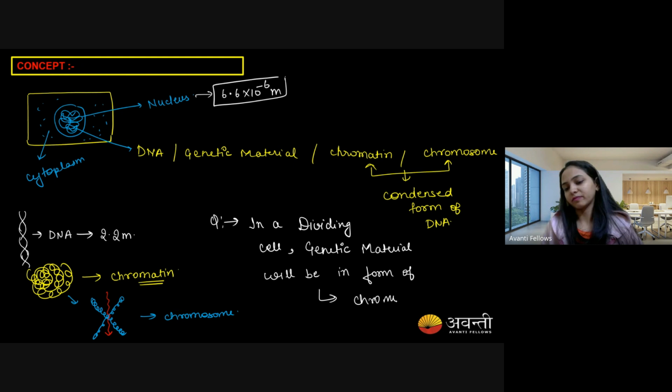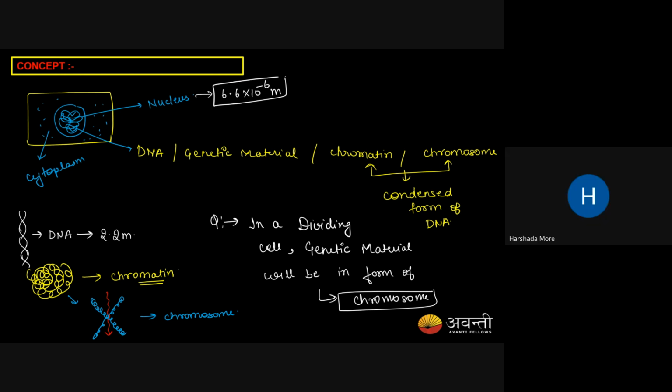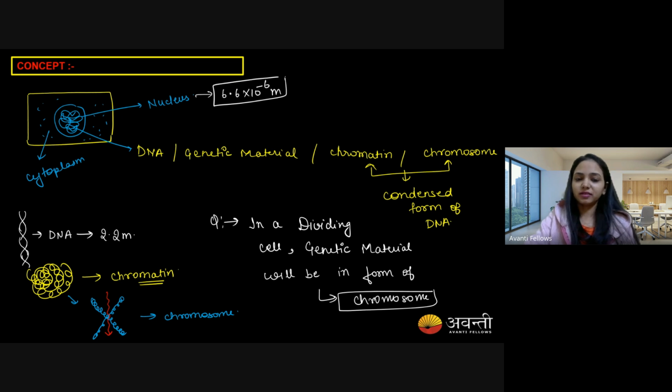Very well. And if someone asks, in a non-dividing cell, genetic material will be in the form of chromatin material. So now we are clear with both the terms, chromatin as well as chromosome. Clear?